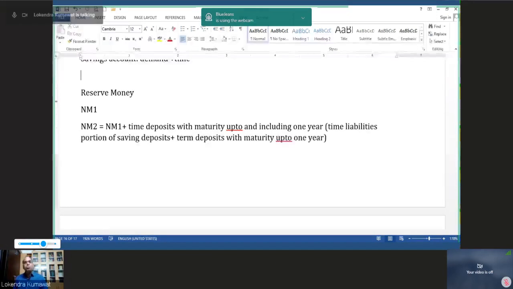Okay, so reserve money basically is the money that the central bank makes available.